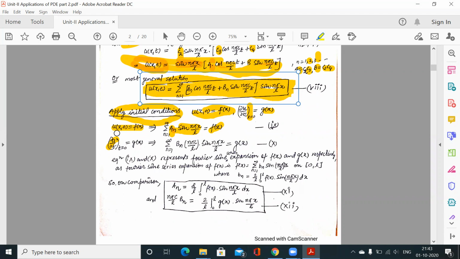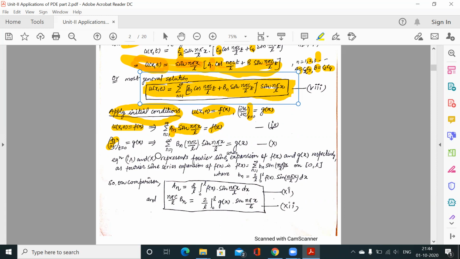So similarly, when we apply del u over del t at t equal to 0, what will we get, because we have to differentiate with respect to t. In del u over del t, the cos function will be converted into sine function and the sine function will be converted into cos function. So this would be 0 because it is with sine, and this is cos, so this would be non-zero.